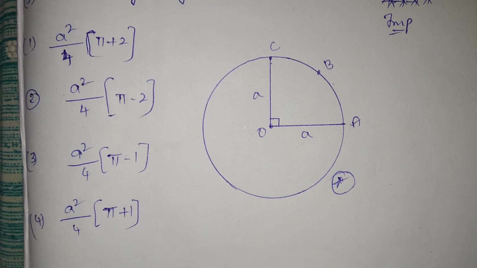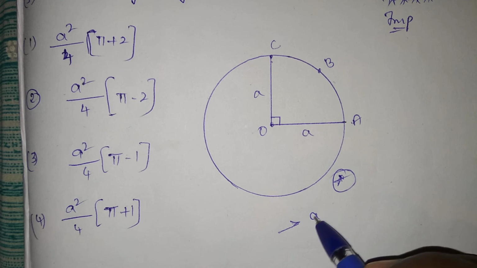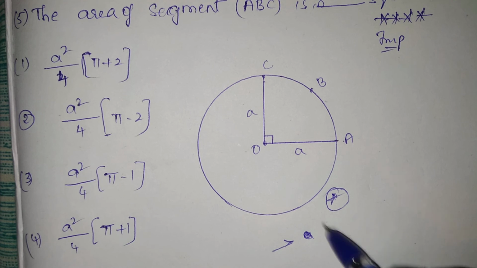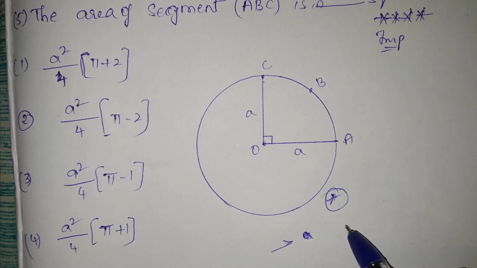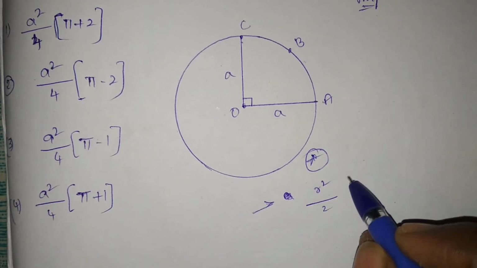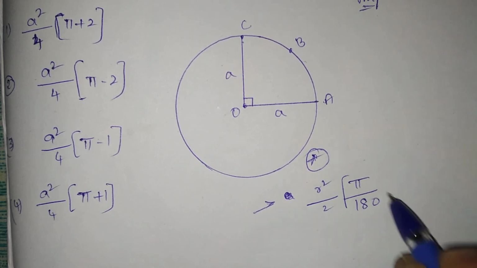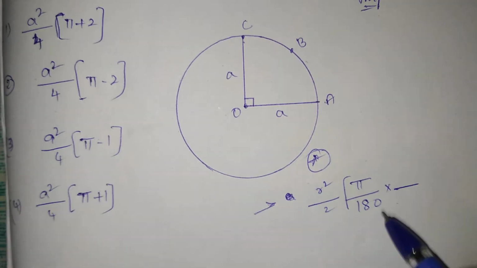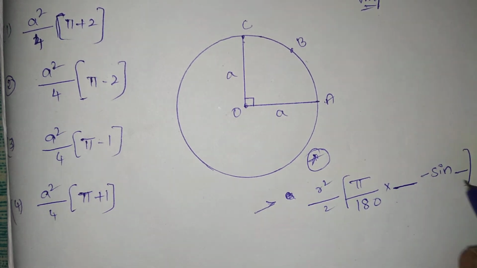It can be done according to the intermediate syllabus, and in the diploma syllabus you are going to find the area of a segment. The formula is radius square by 2, into pi by 180 into the angle which the segment or the radius subtends, minus sine of the angle subtended.